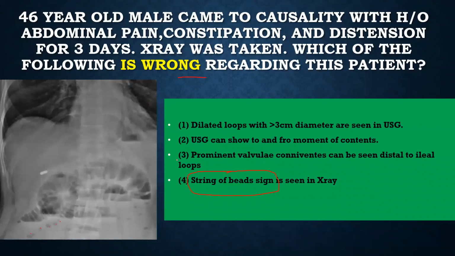Here the answer is 3, because in this option I have said that prominent valvulae conniventes can be seen distal to the ileal loops. Usually it is seen in the jejunal loops. Most commonly the valvulae conniventes are seen in the jejunal loops and some part of the proximal ileal loops. Usually it is not seen distally, because distal to the ileal loops the cecum and large bowel loops start. So the wrong statement is this. It is seen proximal to the distal ileal loop, not distal to the ileal loops. It is most commonly seen in the jejunal loops.